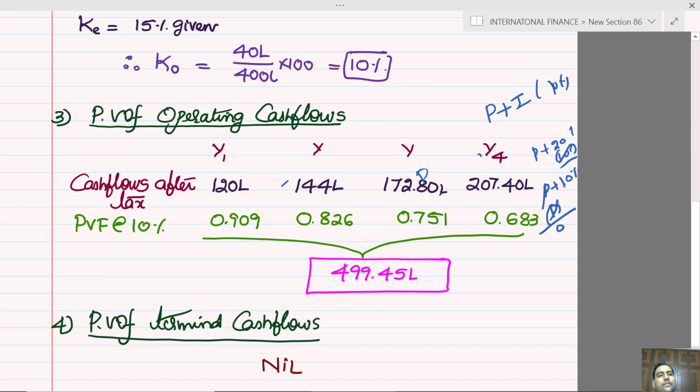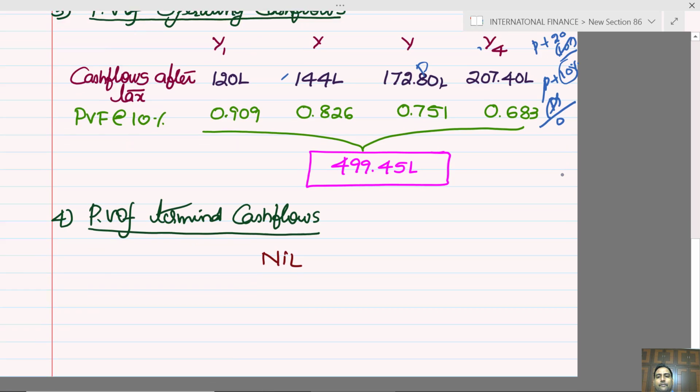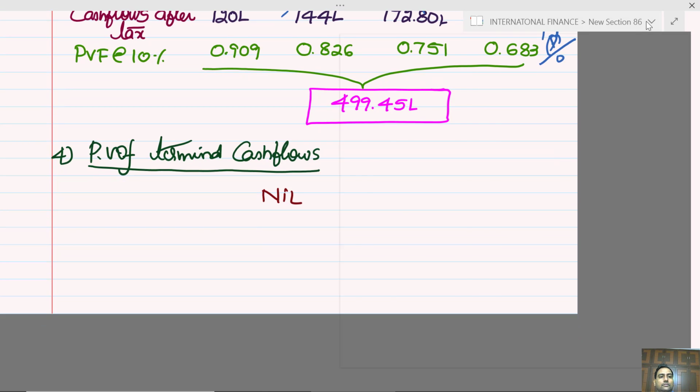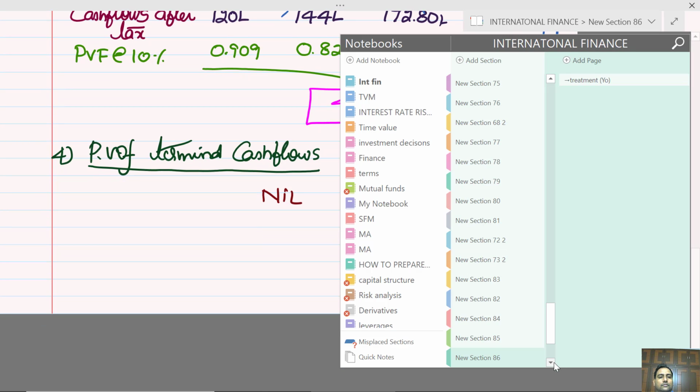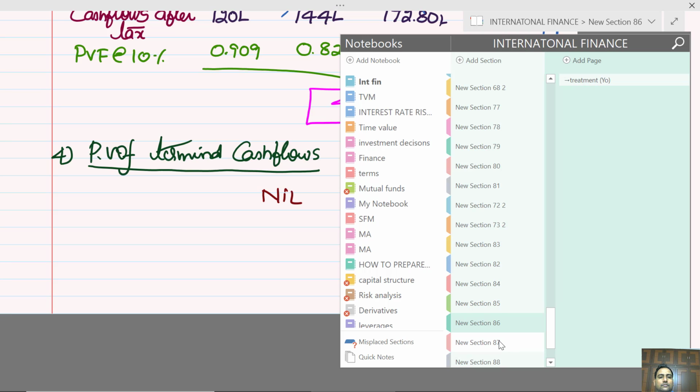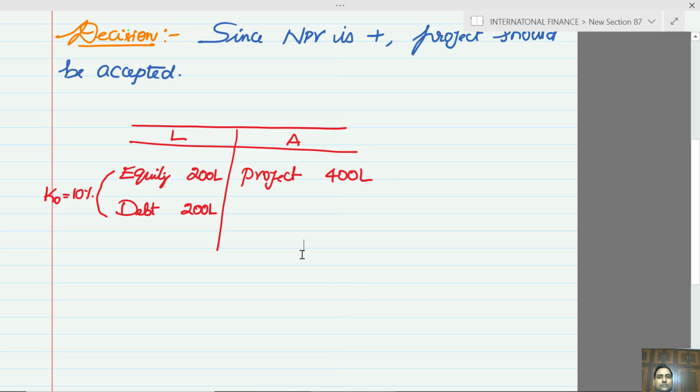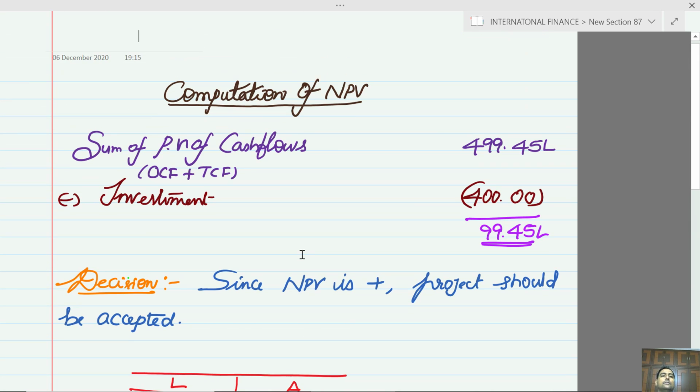If you cancel this, you are left with 10%. That 10% we call NPV, net present value. See this? $499.45 lakhs is the amount available as on today to repay our principal.